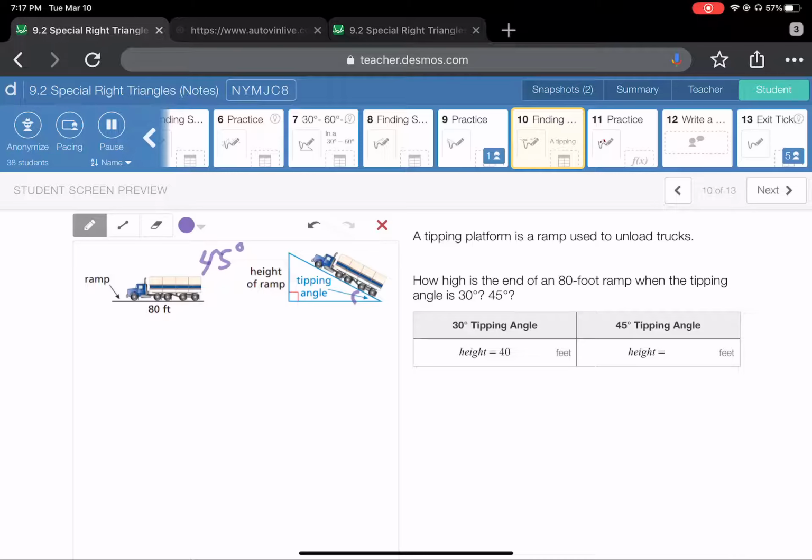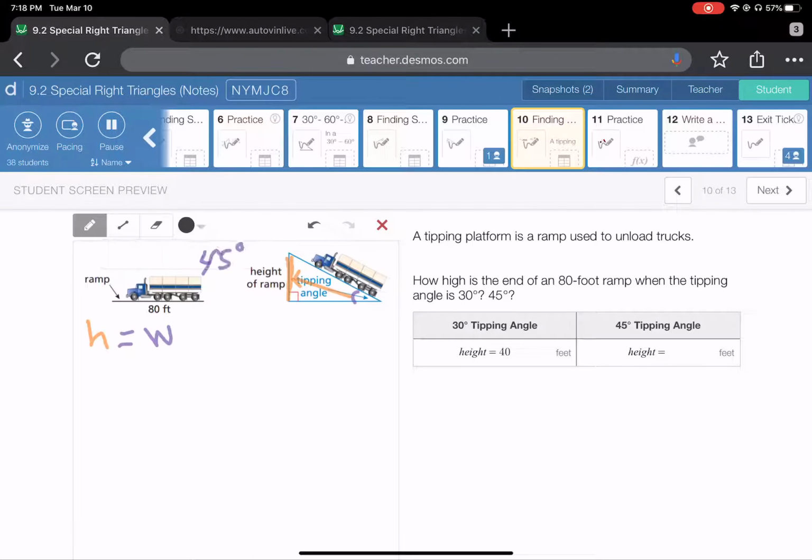Again, we want to find the height of the ramp, which is across from that 45 degree. So we know, again, that the height is going to be equal to W. Our 45 degree also across is going to be equal to W. But this again doesn't help us because we have two variables.